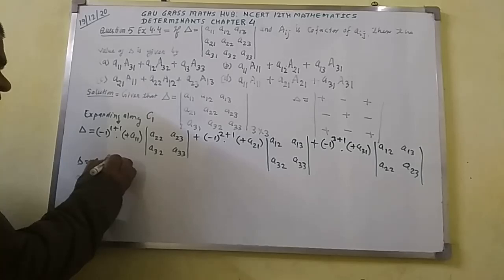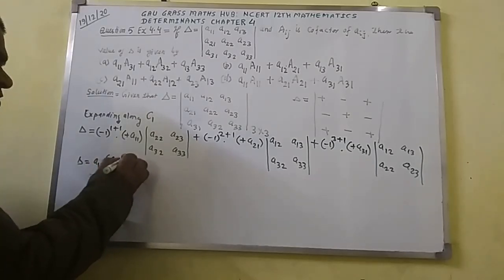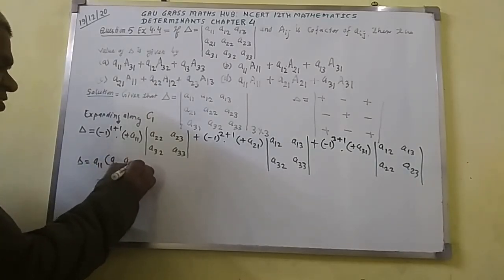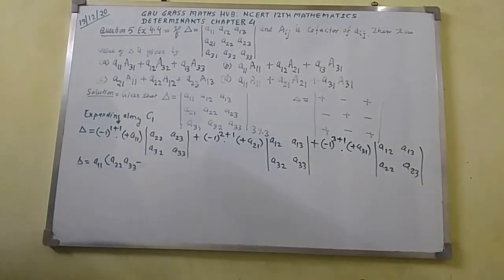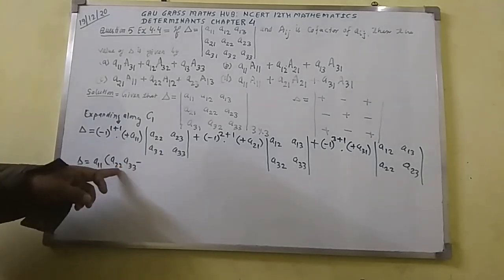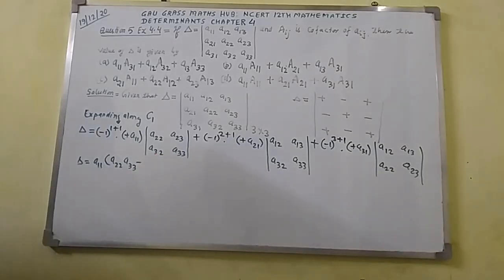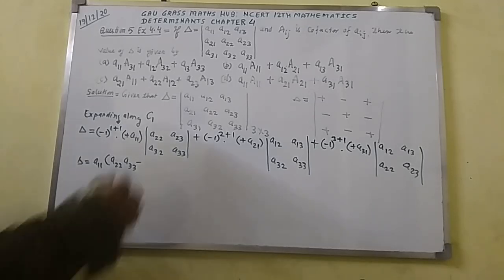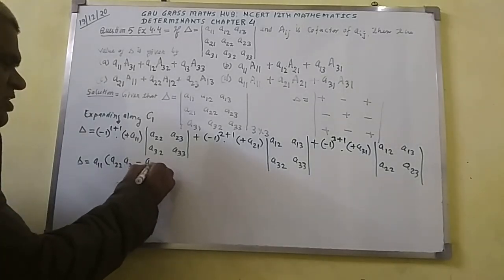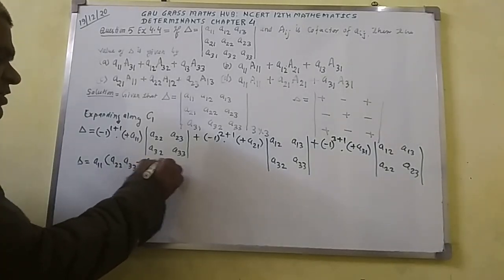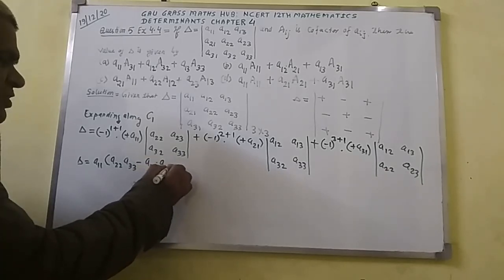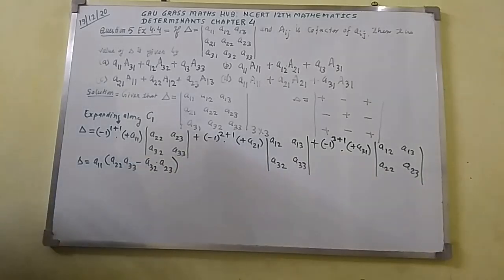You will get A22, A33 minus the elements of the reverse diagonal multiplied together. You will get A32 dot A23. You will get like this.